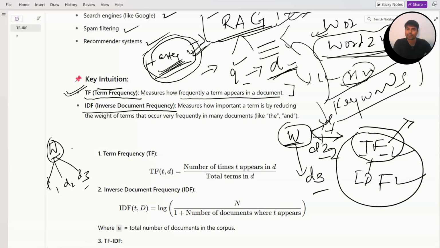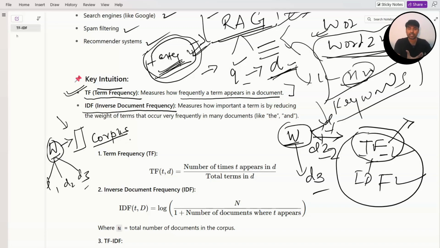Now I want to find the presence of this word in the whole corpus, I mean, in the entire set of data, or you can say corpus. I think you are familiar with this word. If you are not familiar with what is a document, what is a corpus, then maybe you have to watch my previous video.